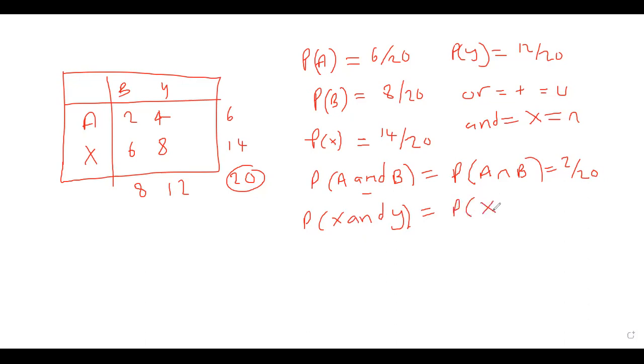Then it will be X intersection Y. What do we get as the answer? 8 over 20. Correct.